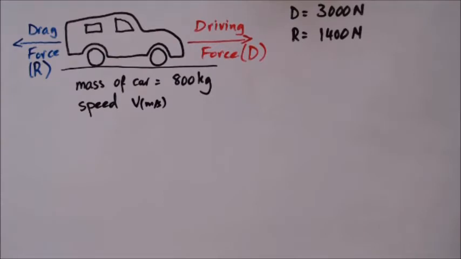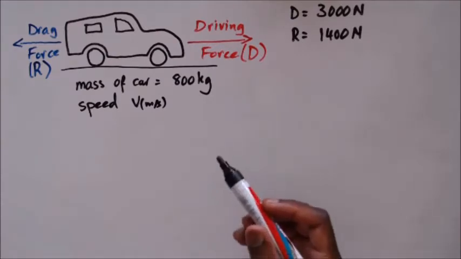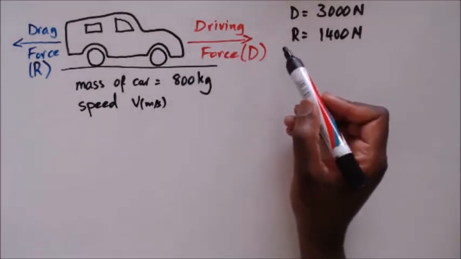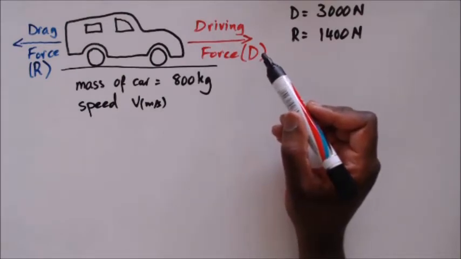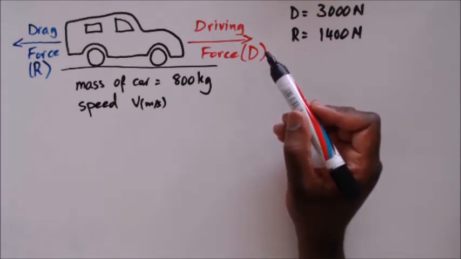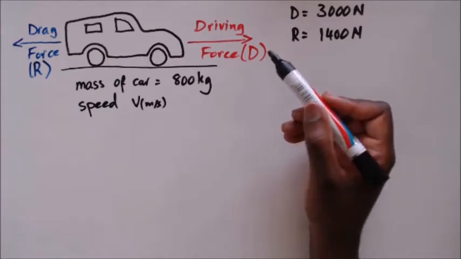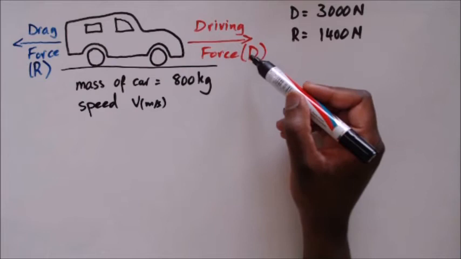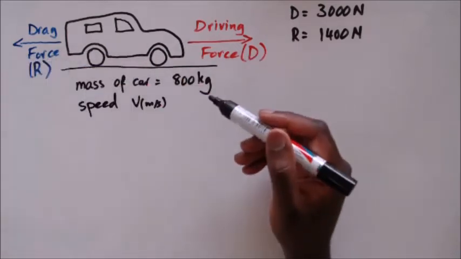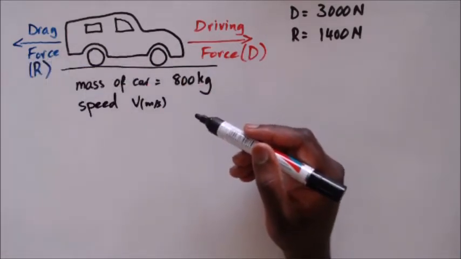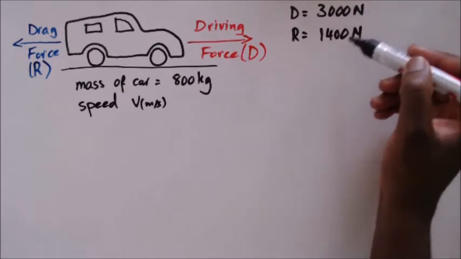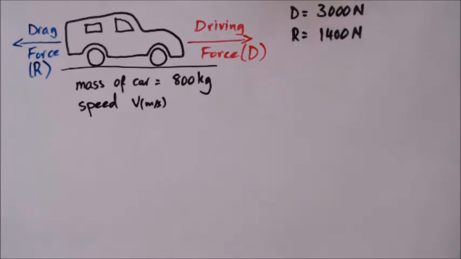It is acted on by two forces in the horizontal plane. A driving force, and this comes from the tires of the car, which exert a force on the road and the road pushing forward on the car. So that's the driving force, which we call D, and a drag force, which, because it's a resistive force, we will call R. And we've got magnitudes for these so that we can use this as a numerical example.